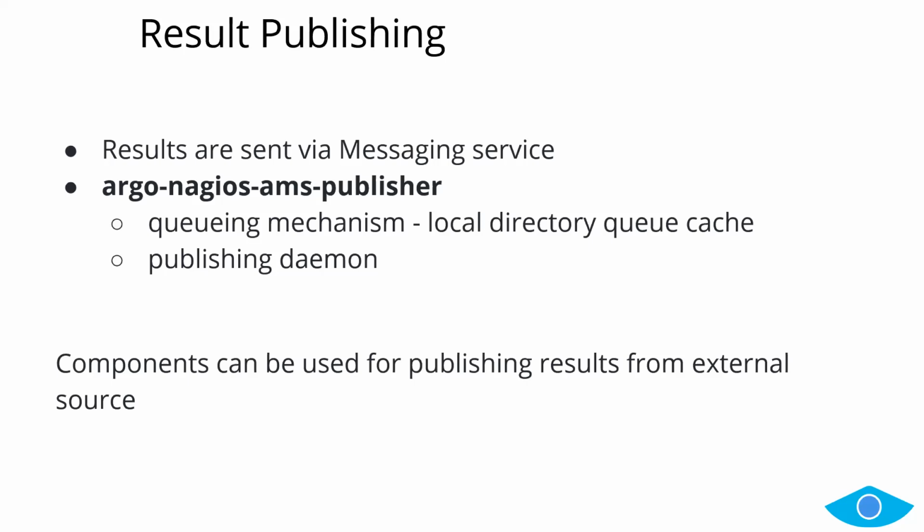It consists of two things. One is a queuing mechanism, but in a sense, it's just one command which you use to store the results to a local directory queue. And the publishing daemon is a Python daemon which just sits on these queues, and you basically say, listen to this and this and this queue, and then for each queue you can tell the daemon where to publish the data.